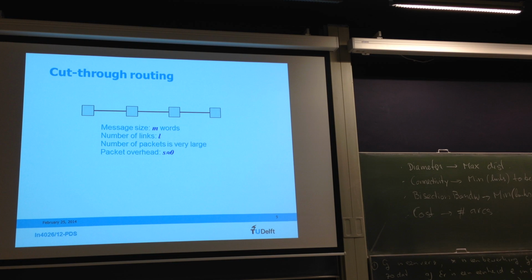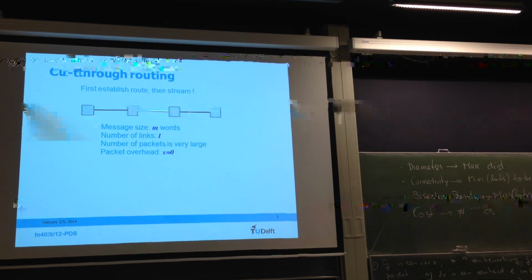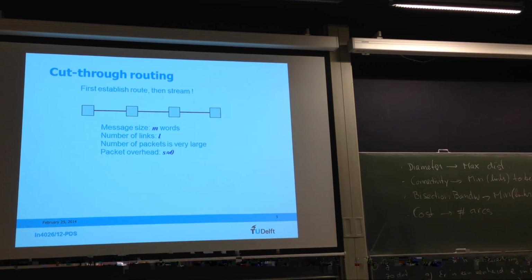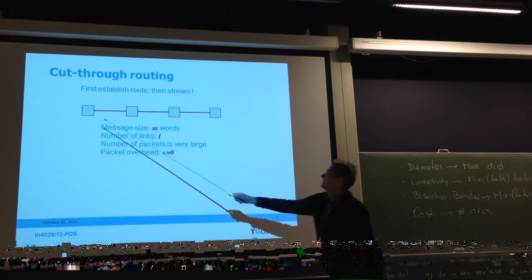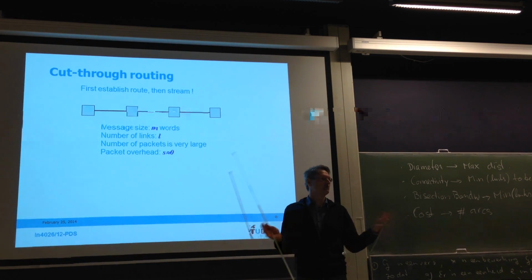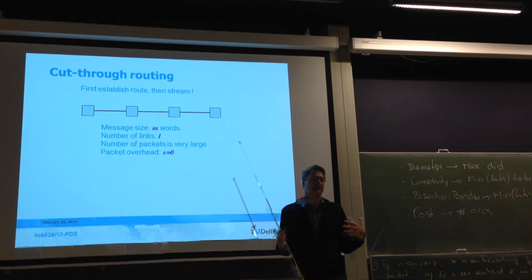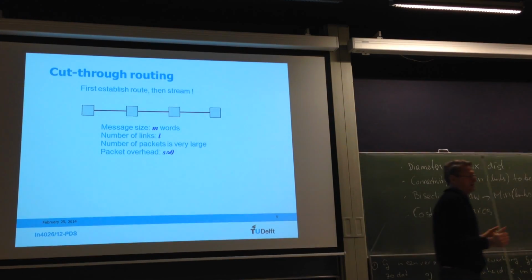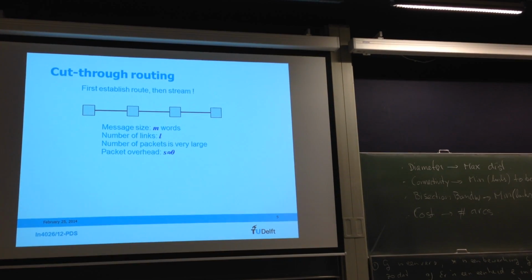And what you see then is that what you do in this method is first establish a route. So you want to transfer the message from this point to this point, and I reserve the route in advance, because otherwise I get too much overhead. And then I stream the packets over that route to the other side.